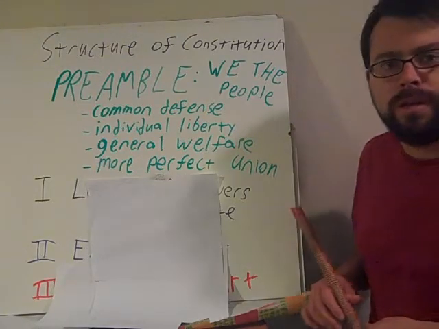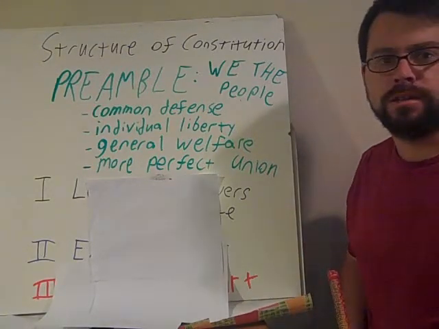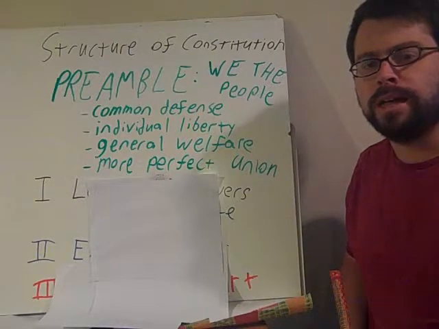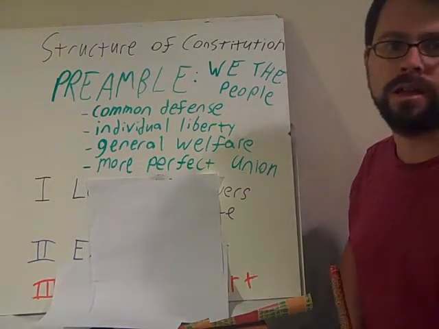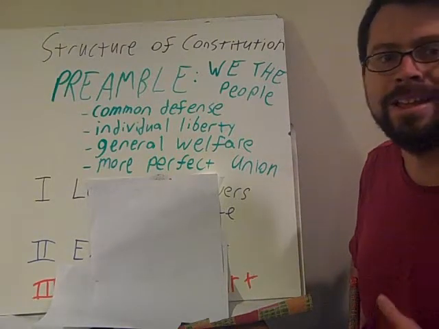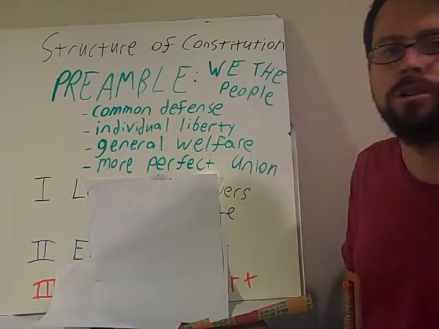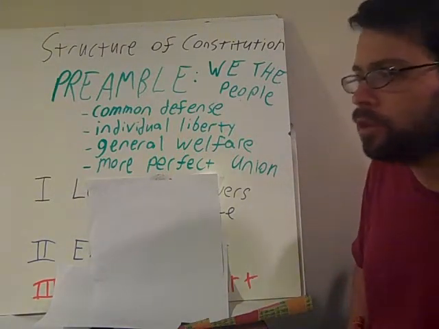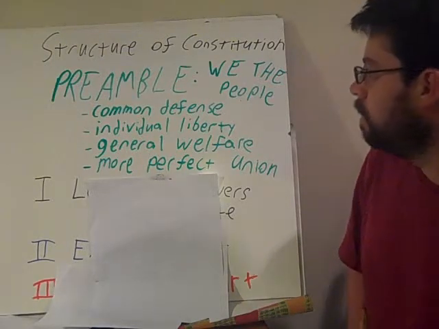The general welfare, the idea that we're all in this together. The general welfare could be read as the economy, trying to make a prosperous nation, trying to make sure that in general most people are doing okay. You could read that a lot of different ways.